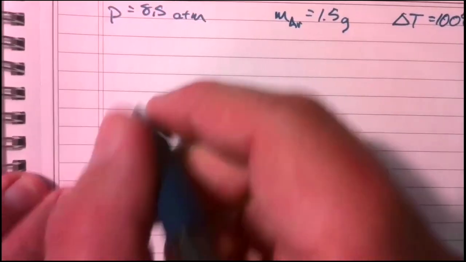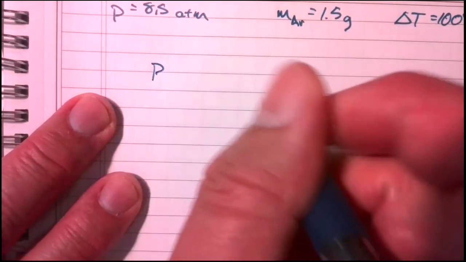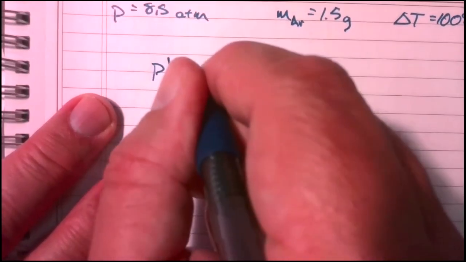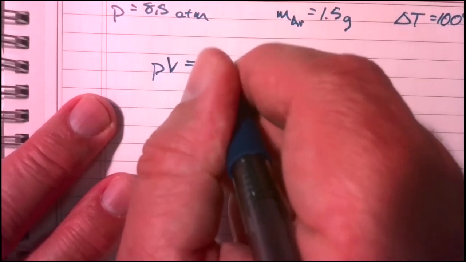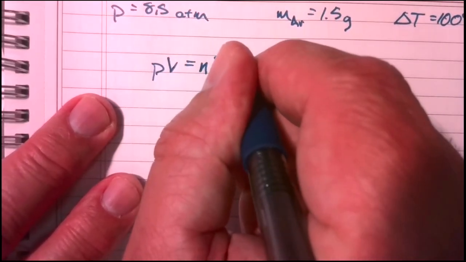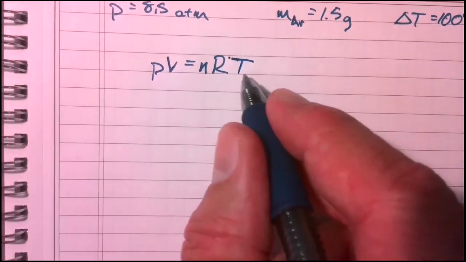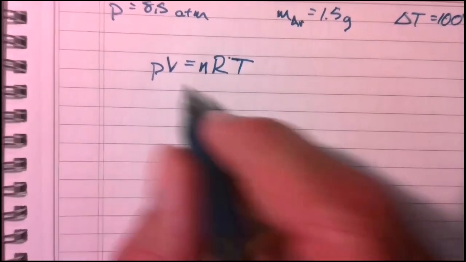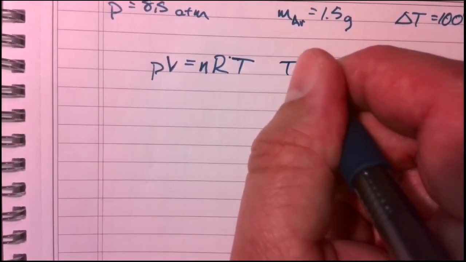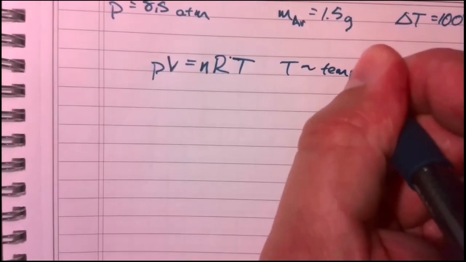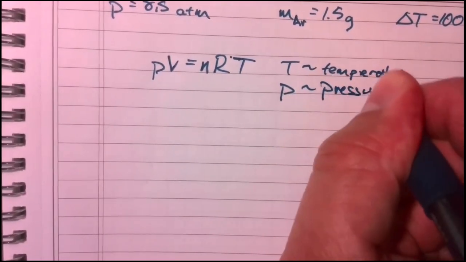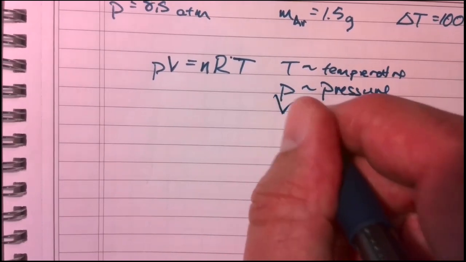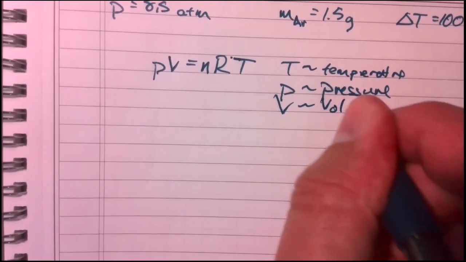Pressure times the volume is going to equal n times R times T, where T is the temperature, P is the pressure, and V is the volume of our container.